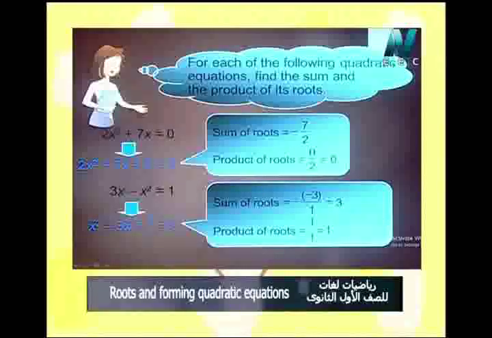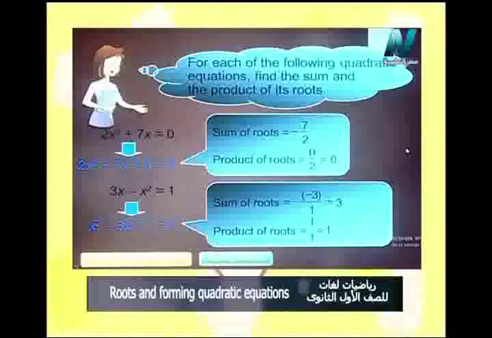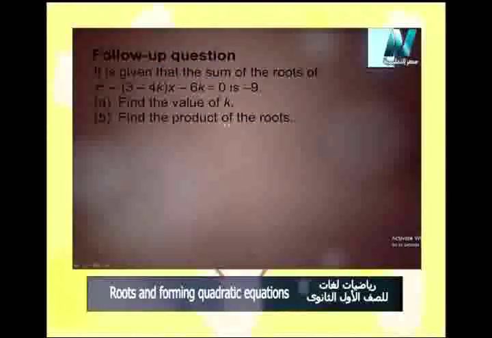And the product of roots equals c, which is 1, over a, which is another 1, equals 1. So my dear students, it's not acceptable for this to be negative, so we multiply all this equation by negative 1 to get this answer. Okay, let's move to another slide.